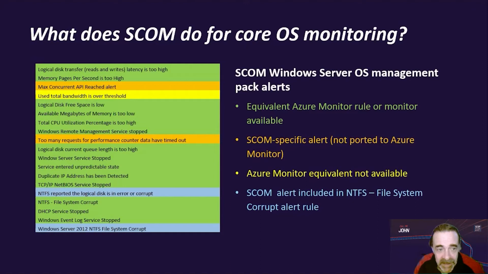In this list, basically the only SCOM alert that occurred during the period that there's no corresponding match for is the total bandwidth over threshold alert from SCOM. And probably of the metrics of disk, CPU, and memory, network is the least often what brings the server down. The bandwidth utilization is exceeded.